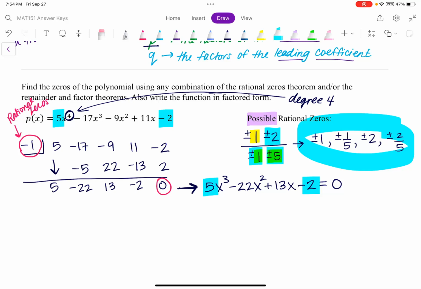Now we already tried 1 and it did not work. -1 did work, so it would make sense next to move on to positive 2 and try that. Then I would move on to -2 if positive 2 didn't work, and save the fractions for last. But I'm going to show you how you can utilize your calculator to make this process go a little bit faster. You're still going to be showing me some work on paper, but technology can really help us speed up the process.